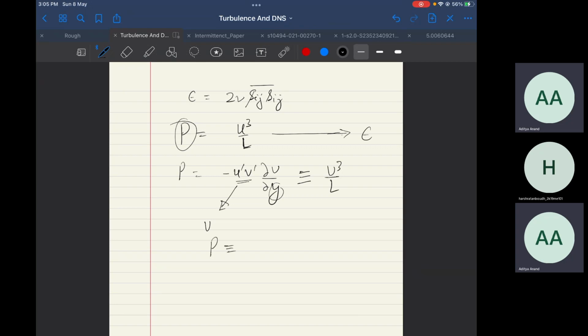Your production is basically equal to dissipation, so your dissipation would be proportional to U cube by L.